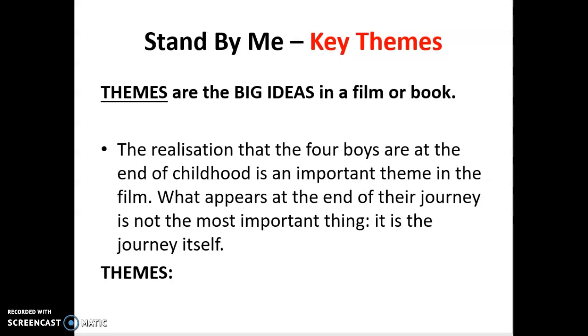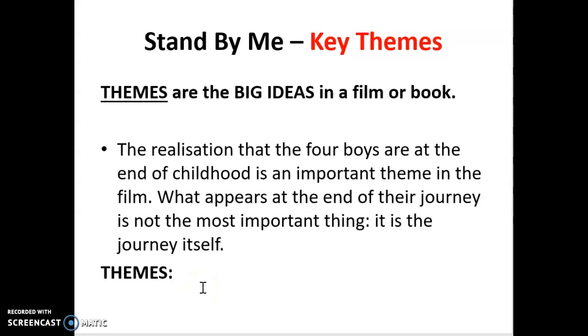So in this film, we have the realization that the four boys are at the end of childhood. This is an important theme in the film. What appears at the end of their journey is not the most important thing, it's the journey itself.